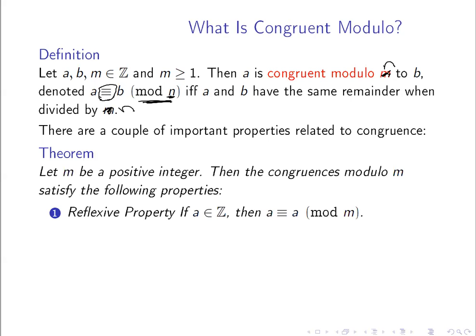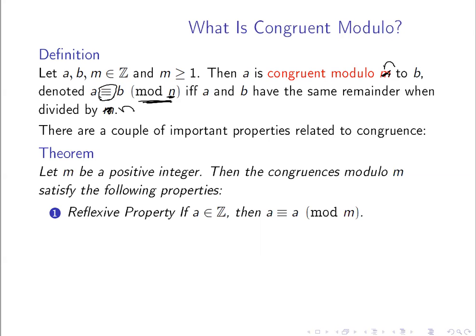All right, so a couple of important properties related to congruence. M is a positive integer. We don't generally consider negative modulos, but they do exist. We usually refer to them in terms of positive modulos. But if M is a positive integer, then these congruence properties are true.